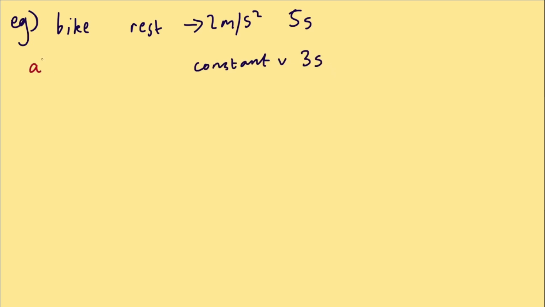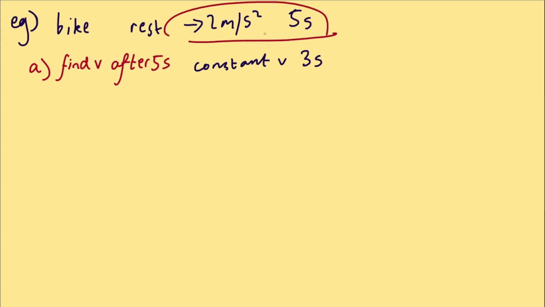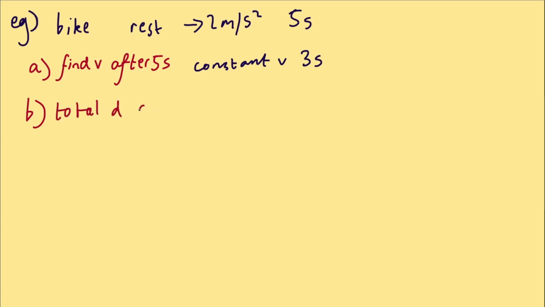The questions: find the velocity after 5 seconds. So this quick acceleration phase here. And the second question I give you is the total distance after the entire 8 seconds. Pause the video, go ahead.